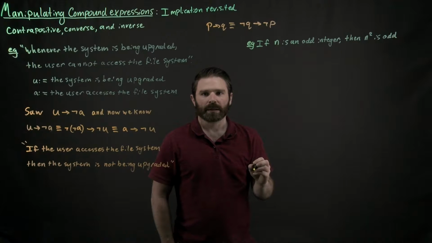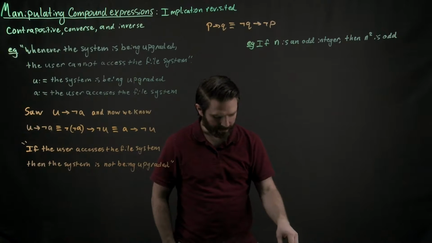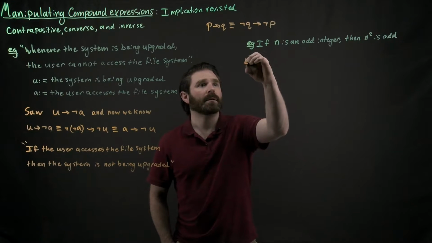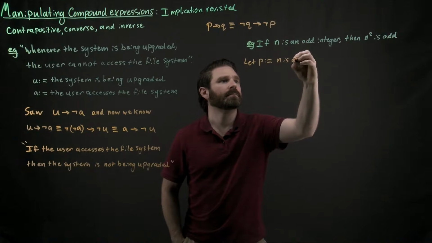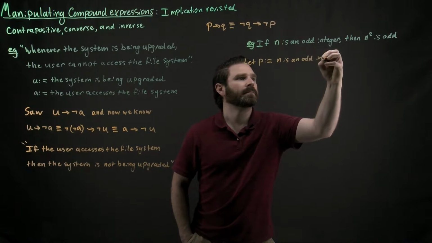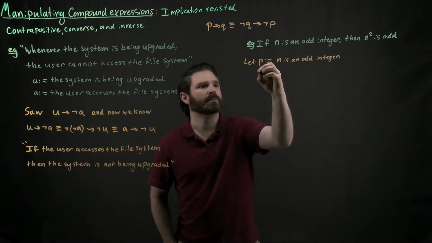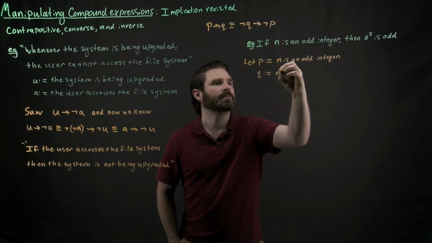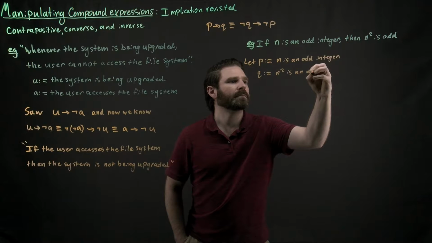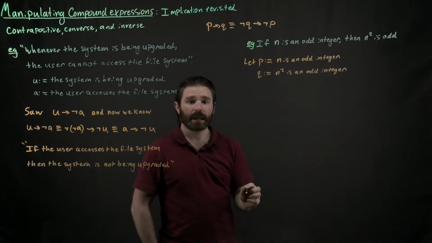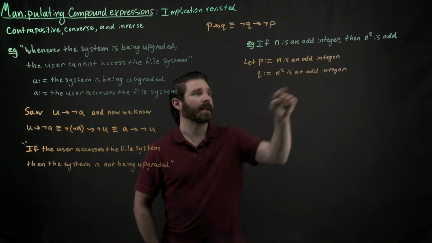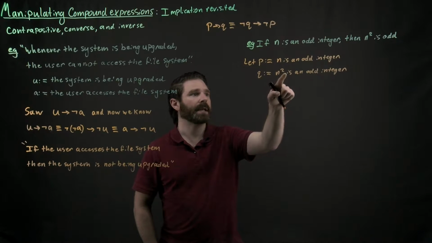And so what I'm going to do here is define P to be the statement n is an odd integer, and Q to be the statement n squared is an odd integer.